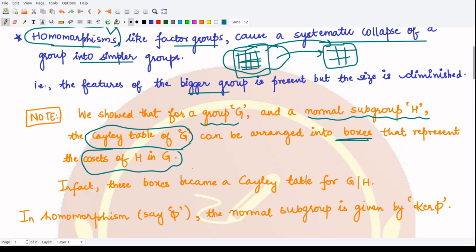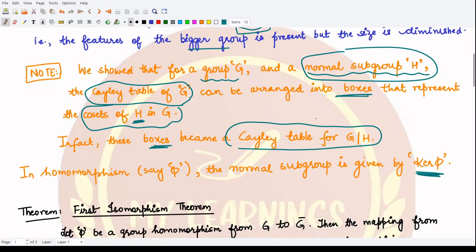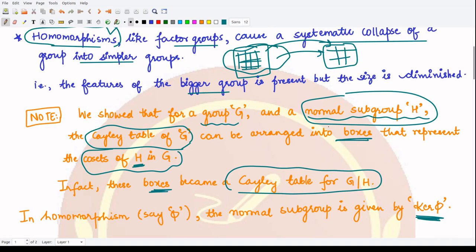In fact, as I've told you, these boxes are nothing but the Cayley table for the factor group G by H. Similarly, in a homomorphism, H is the kernel of the given homomorphism phi, and it plays the role of the normal subgroup H.